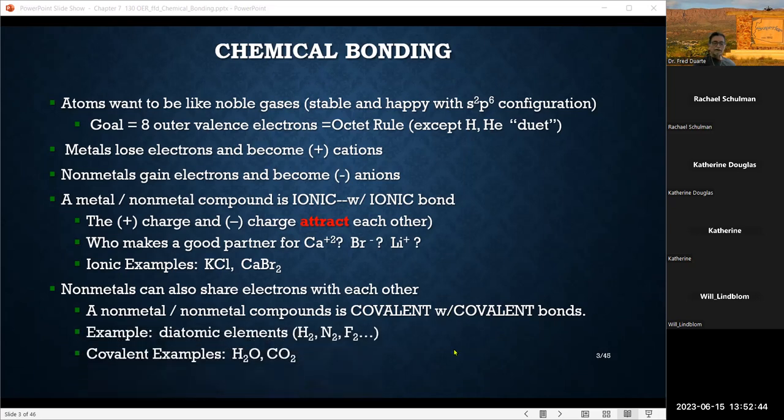Okay, all of the diatomic elements are covalent compounds. So have no fear of ice cold beverage. All diatomic, all of them covalent compounds. Okay, and some other examples there, we have water and carbon dioxide, and carbon monoxide. Any combination of nonmetals represents a covalent compound. And any combination of metal and nonmetals represents an ionic compound.